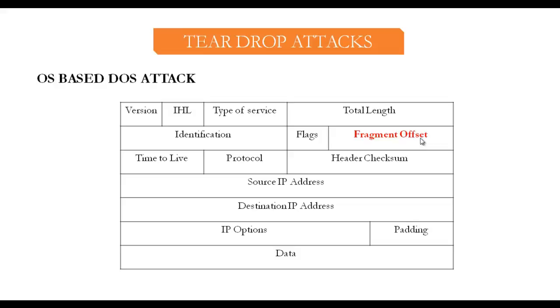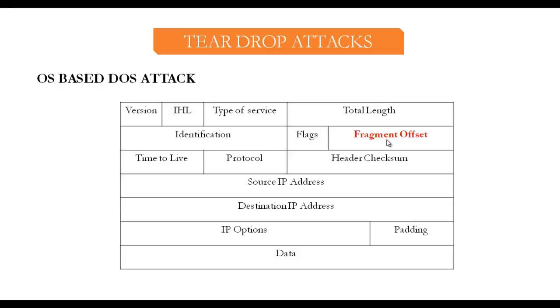These packets have an offset field, as displayed in the figure here, the fragment offset. This is in the IP header, and it specifies the range of the data that it is carrying. During reassembly, if the offset field values overlap, then the receiving host will not be able to reassemble them and the system crashes. This is the idea behind this teardrop attack.